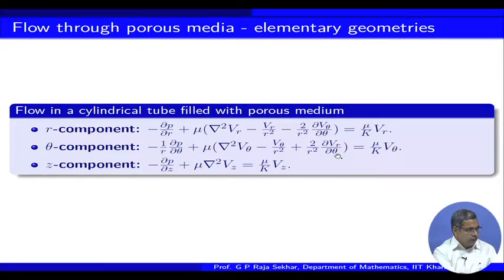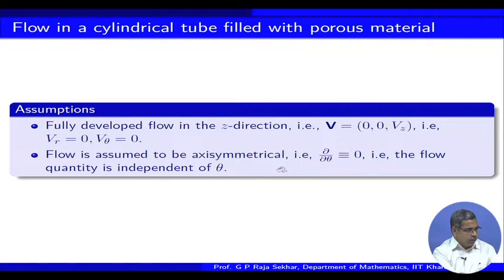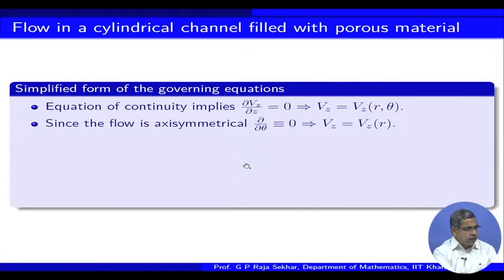Okay. So, now we assume the fully developed condition, that is flow along the axial direction. With this assumption we also have axisymmetry, as we have seen for clear flow. So, it is a more or less similar analysis. The equation of continuity gives that V z is a function of r and theta. Okay.